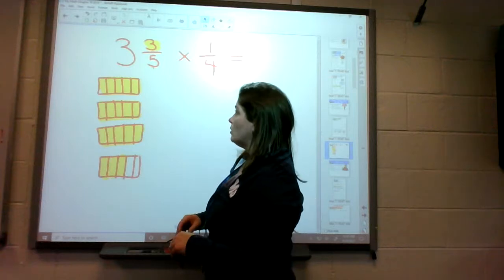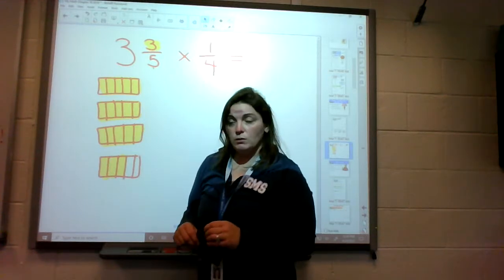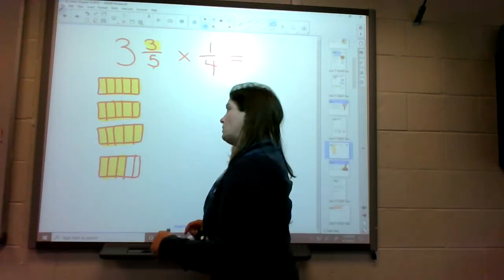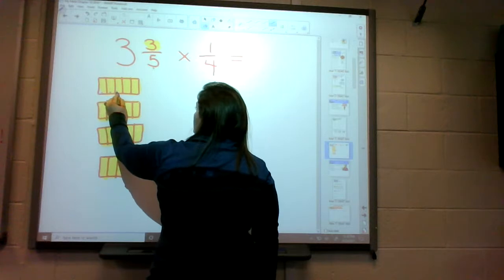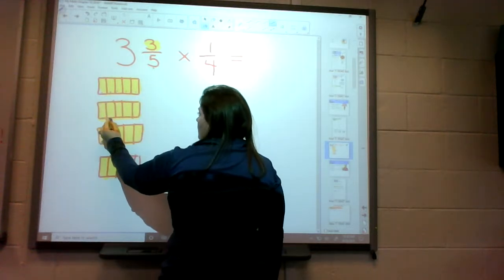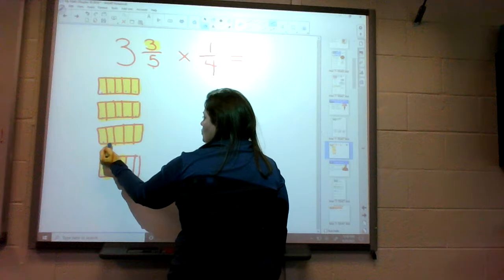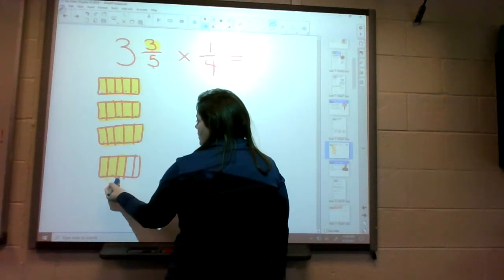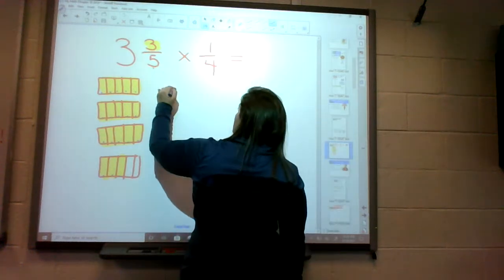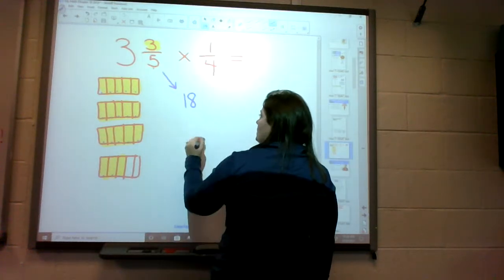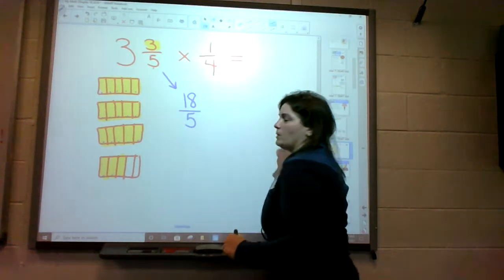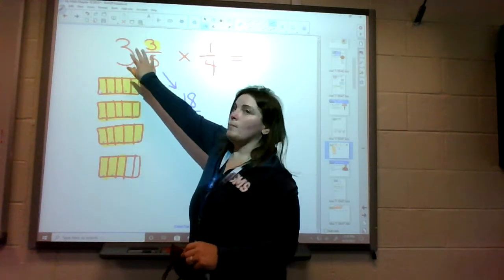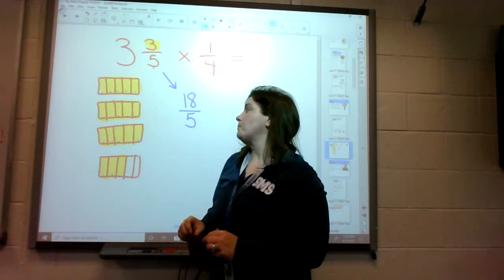In order to represent that as a fraction, it will be an improper fraction, I need to count all of those fifths pieces. 1, 2, 3, 4, 5, 6, 7, 8, 9, 10, 11, 12, 13, 14, 15, and then 16, 17, 18. So I end up having 18 of those fifths pieces. And that's how we can use a model to go from a mixed number to an improper fraction.